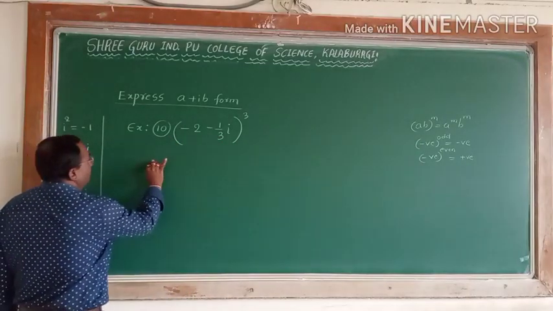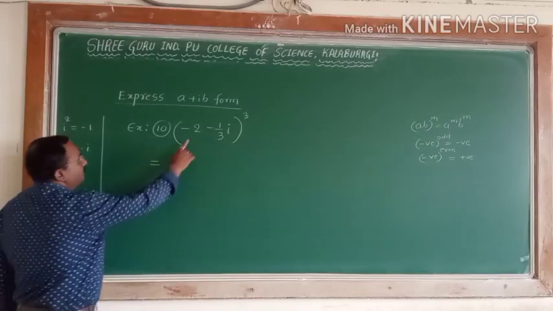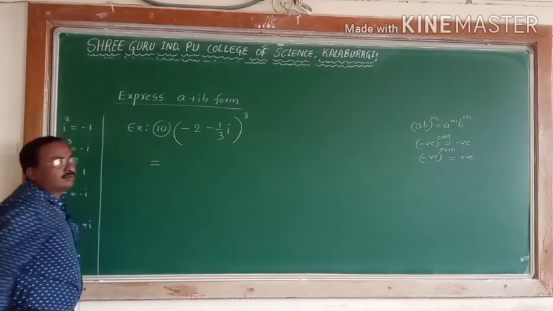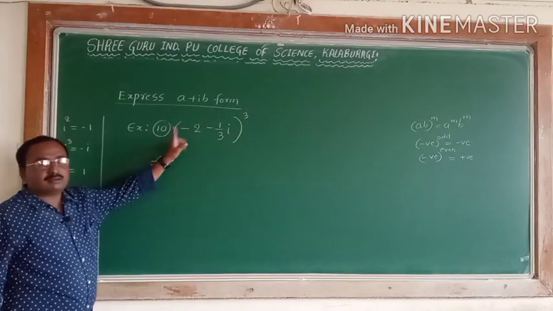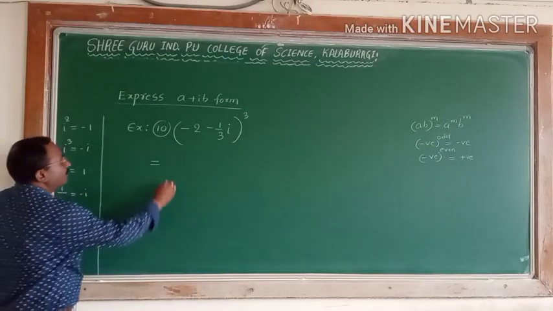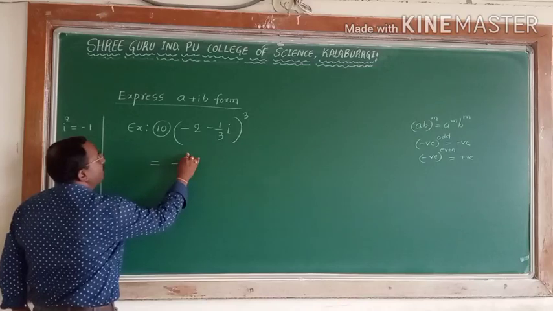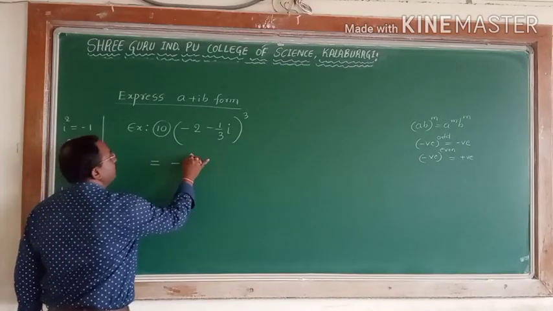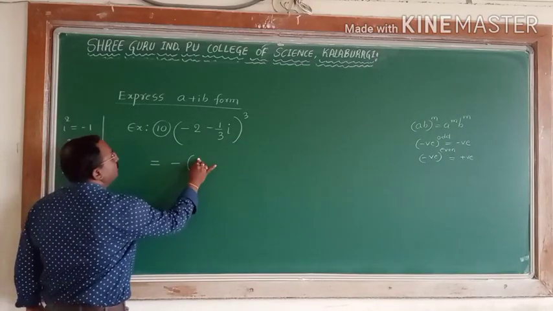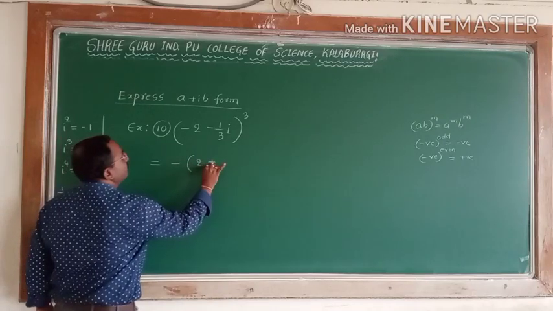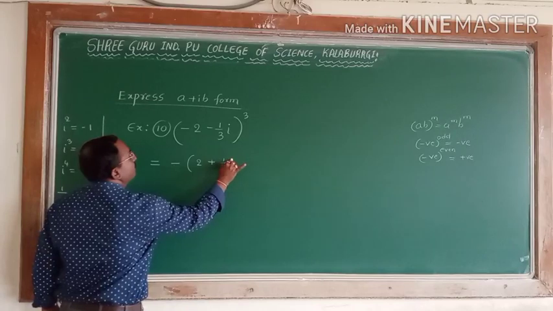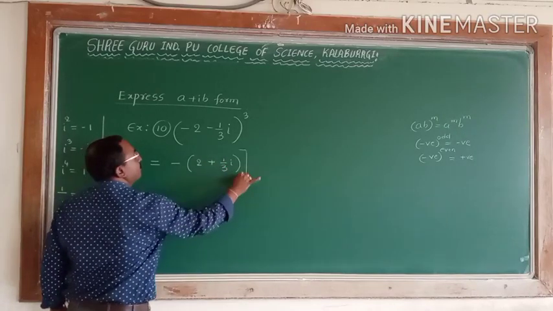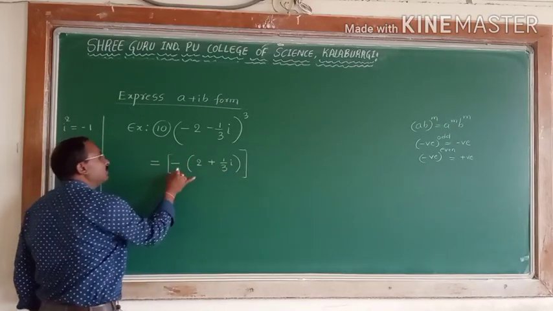Here, to solve this example, we need the (a minus b) whole cube form. Otherwise, taking minus common, that is (2 plus 1 by 3 times i) whole cube.